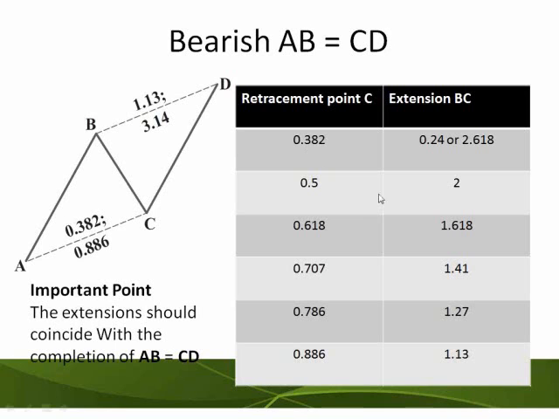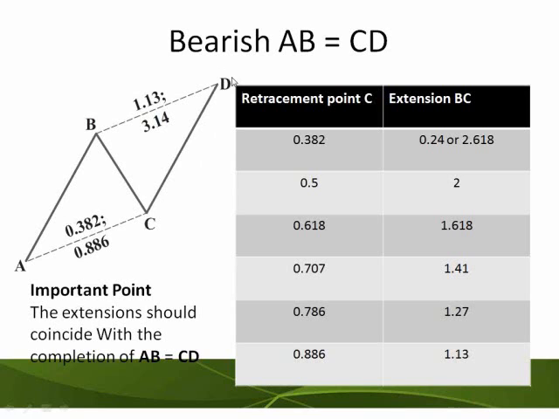The ratios remain the same. Point B is important. Point C's retracement, secondly important. And then, of course, when D tops out, that's when we're looking to make a trade.